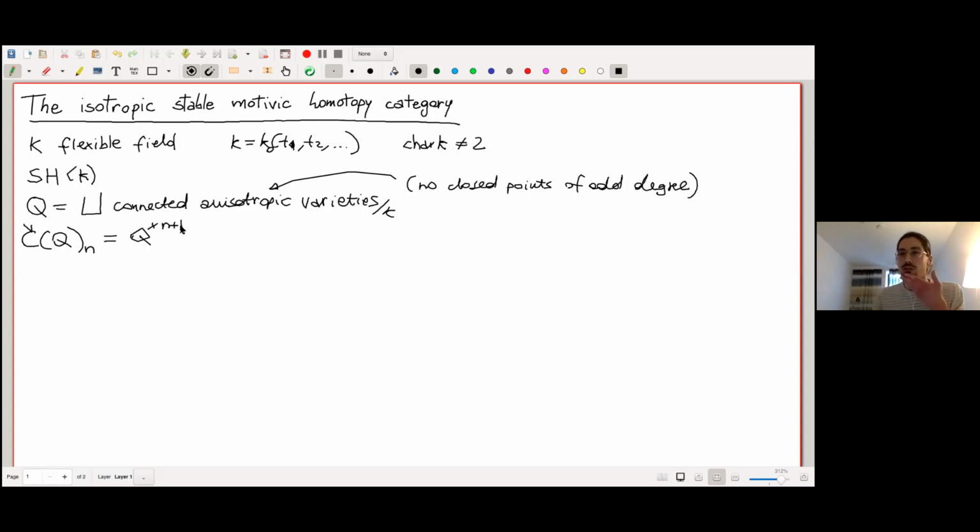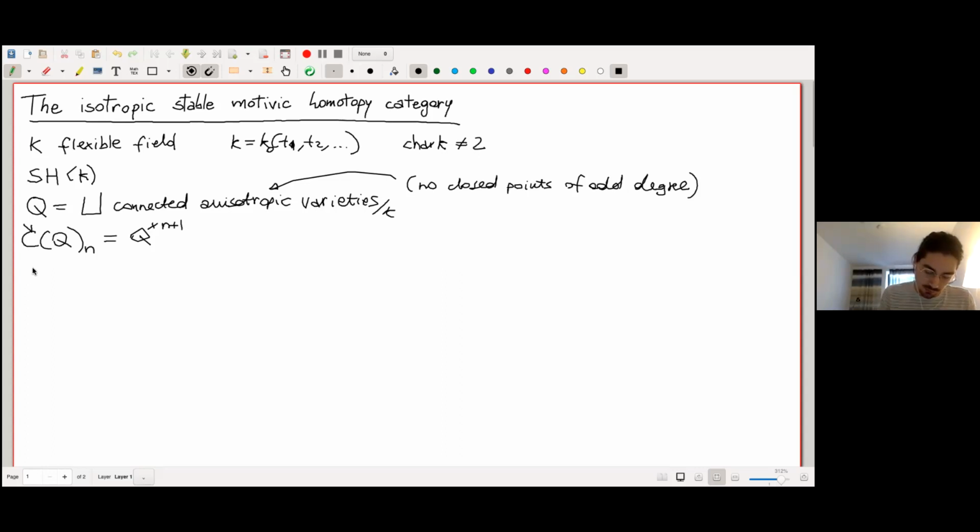So essentially, this is the same thing as the construction in topology of the EG construction for a topological group, but while in topology we always have contractibility of this EG object, the situation in the motivic environment is a bit more complicated.